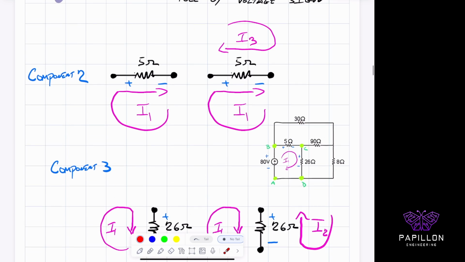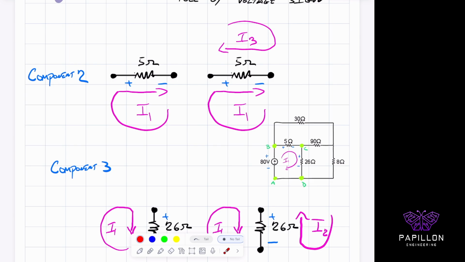Because I identified going clockwise for all of my loops, there's going to be the current I1 going clockwise, and there's going to be a current across the 5 ohm. We'll also see another current going in this direction, also clockwise, but the idea is that it's opposing the motion of I1.